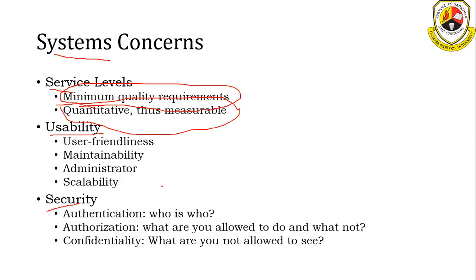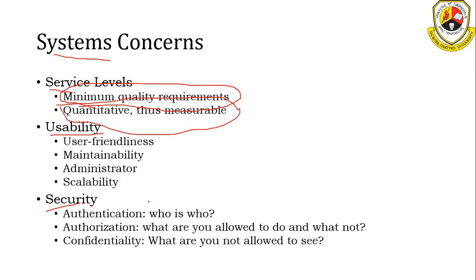Security. So there are three areas of concern for systems. At service level, the minimum service level that can be provided for any new system being implemented, whether you are getting it from a third party, outsourced, or it is a system that is going to be managed in-house. What is the minimum service level that should be expected?